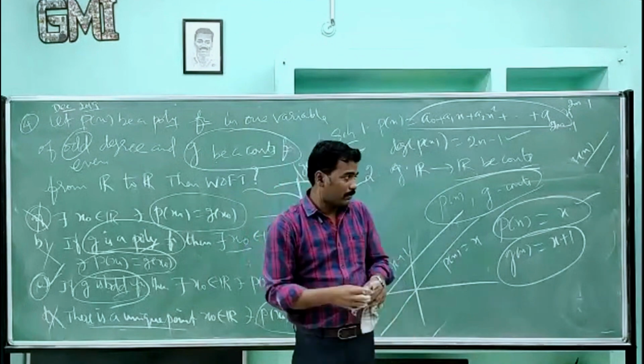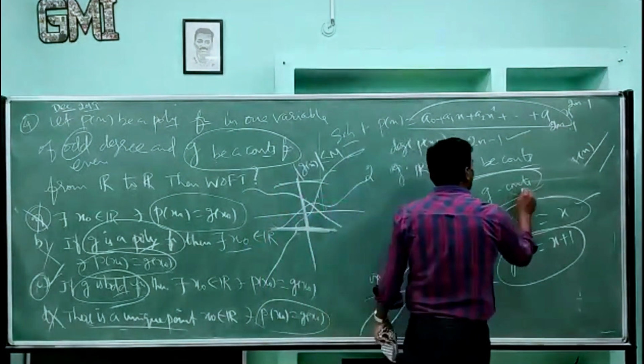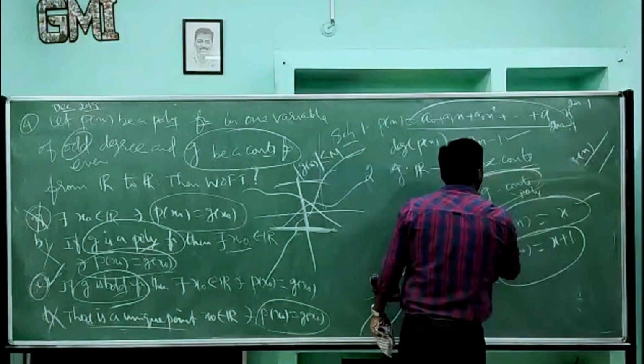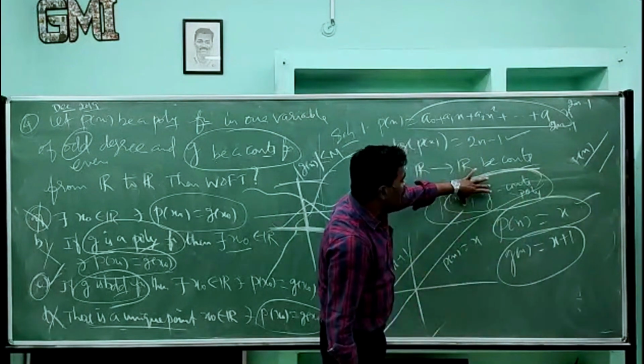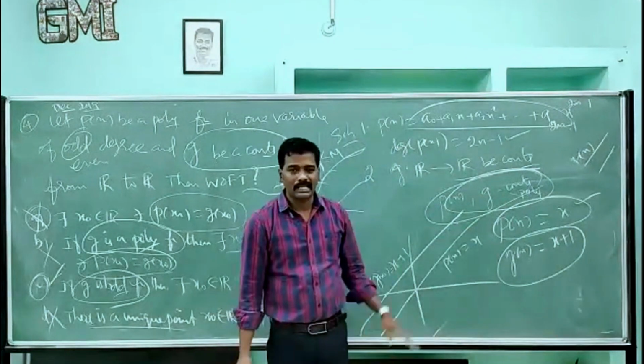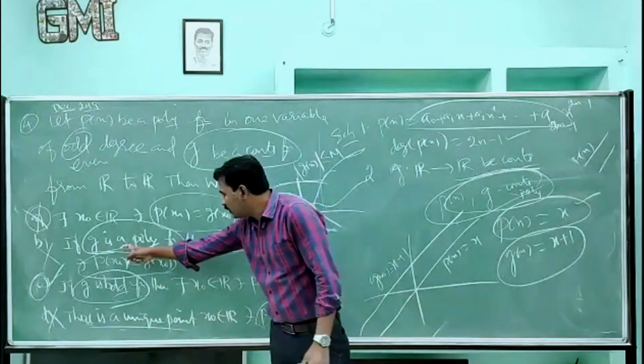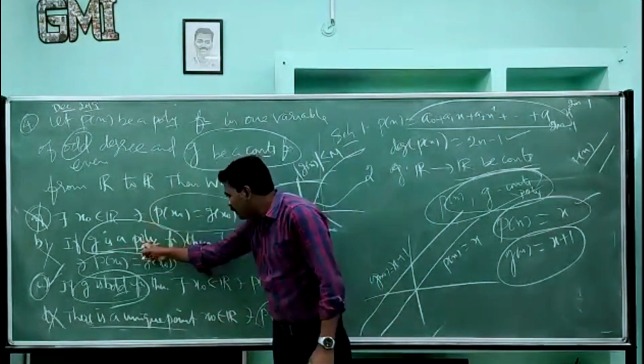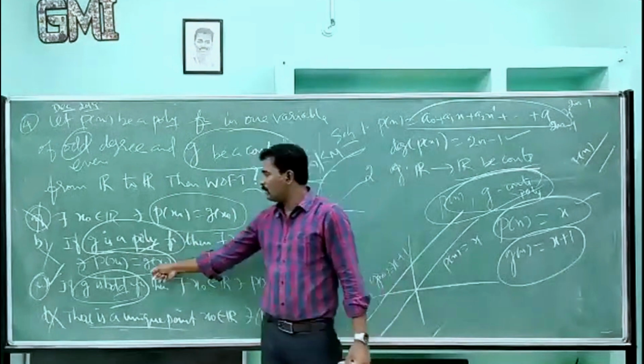Now G has two properties, continuous and also polynomial. They say in option B that the two have at least one common point. If G is a continuous polynomial, then they have a common point.